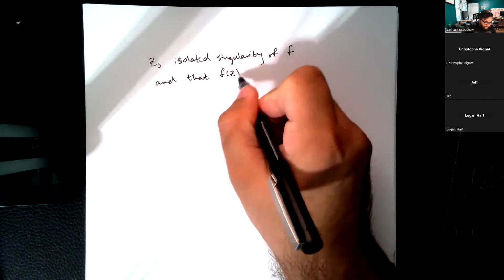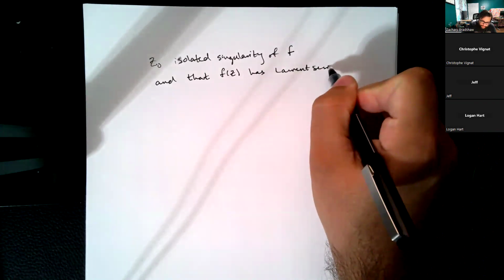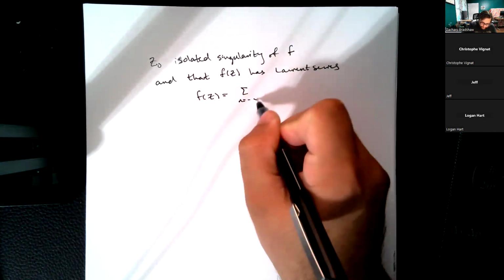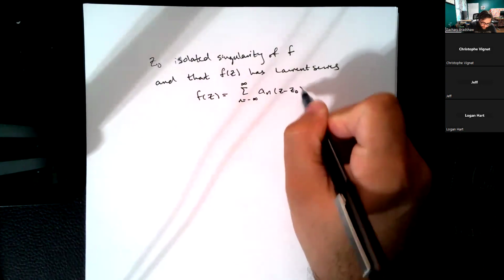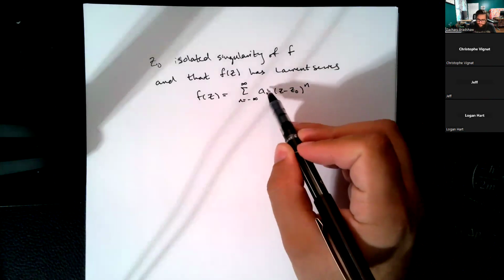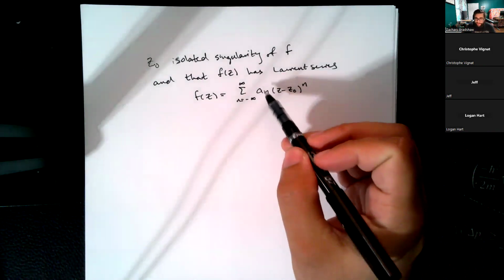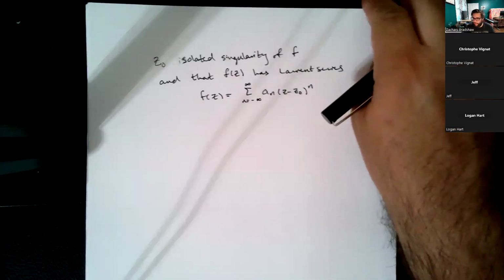And f of z has the Laurent series, and some of these negative index coefficients might be zero. Maybe only finitely many of them are non-zero, in which case you have a pole.